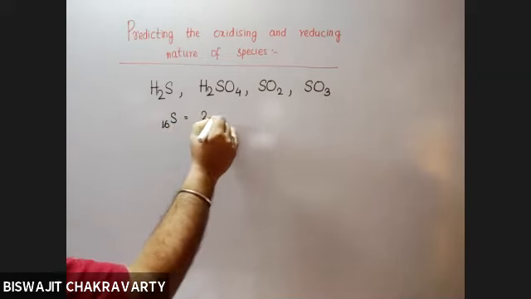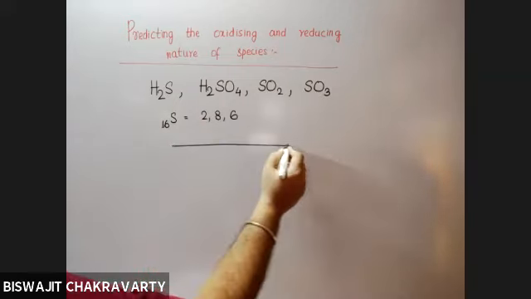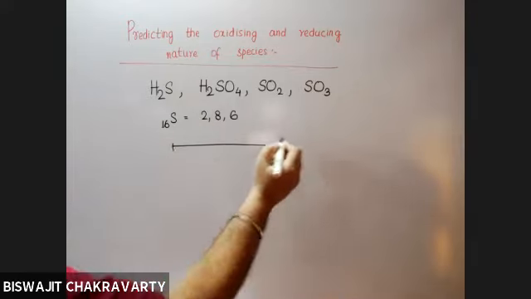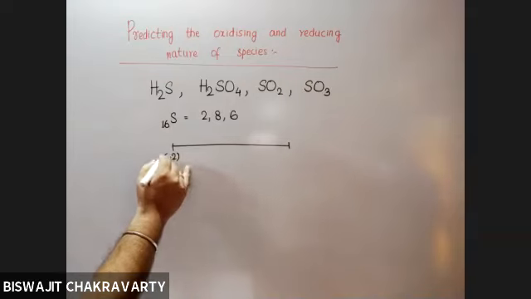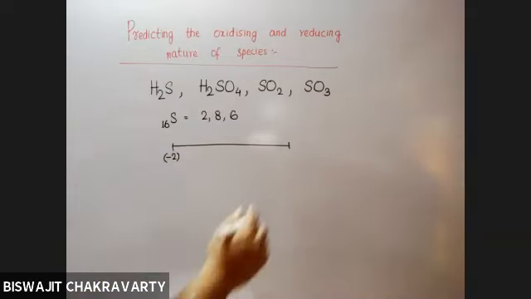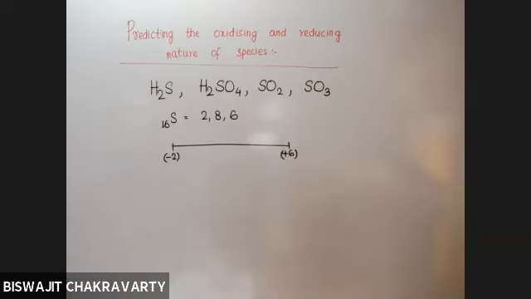So it is 2, 8, 6. What do you think will be the range for sulfur to achieve the nearest stable gas configuration? Gain 2 electrons, so -2. So -2 to +6. Very good. Is it clear to everyone? Yes, sir.